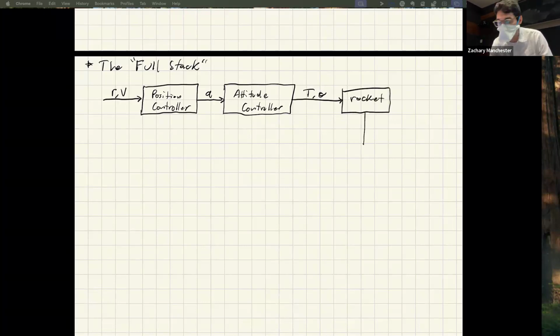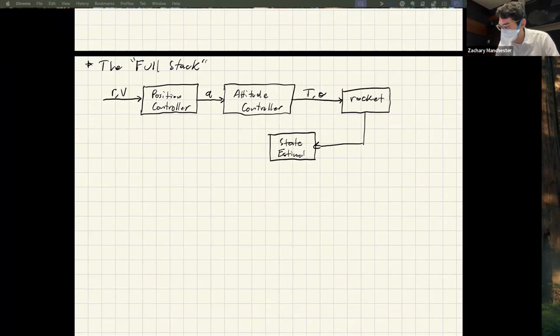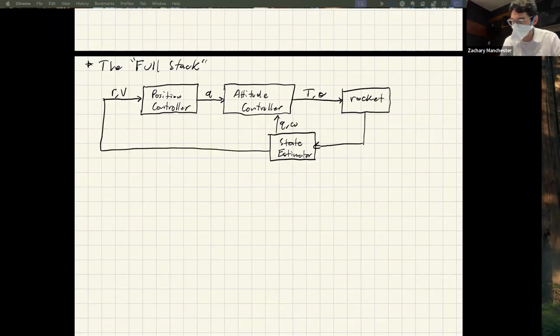And then we'll have some kind of state estimator. And this thing is going to provide into the attitude controller a quaternion and an angular rate. And then to the position controller, it's going to provide the position and velocity, right?